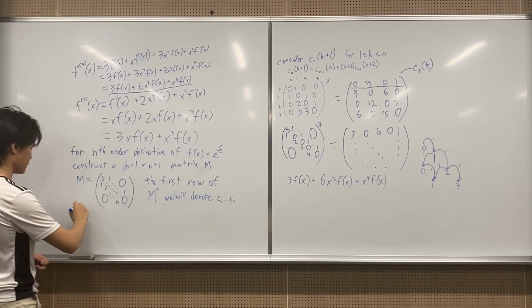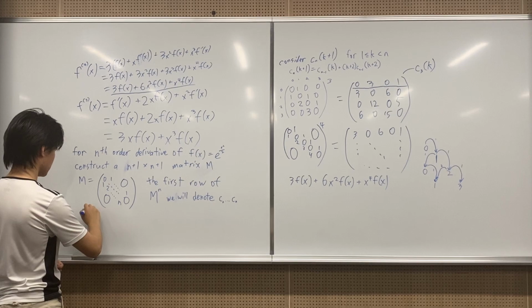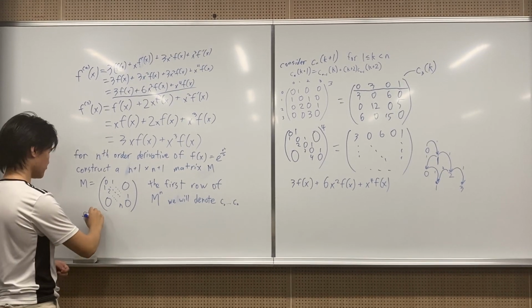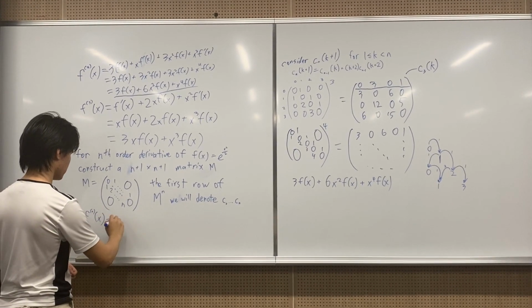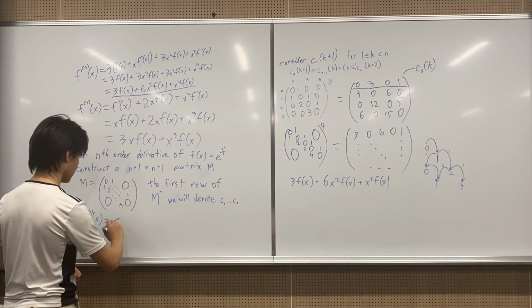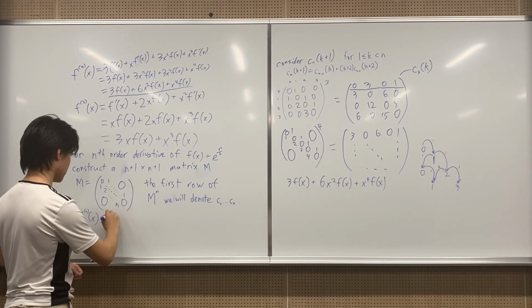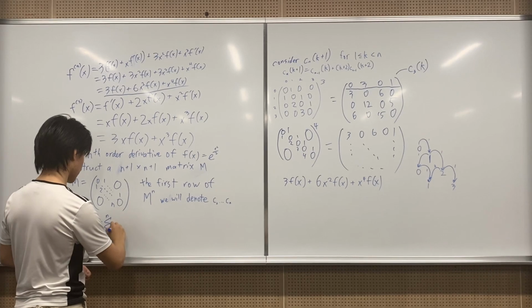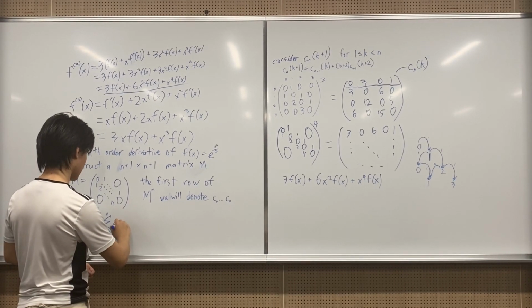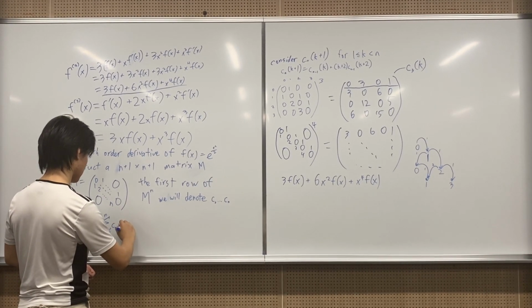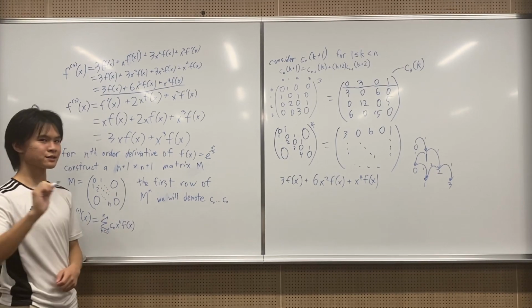And the nth order derivative of f will be the summation from k equals 0 to n of ck x to the k f of x.